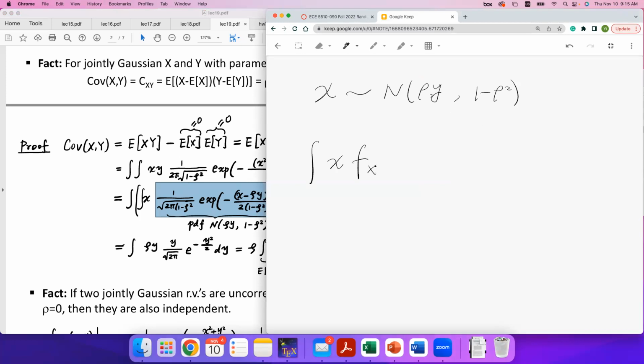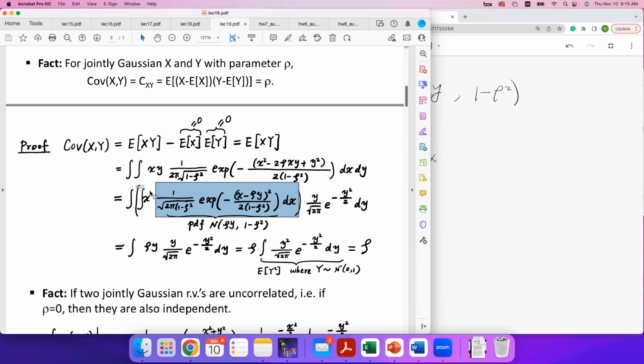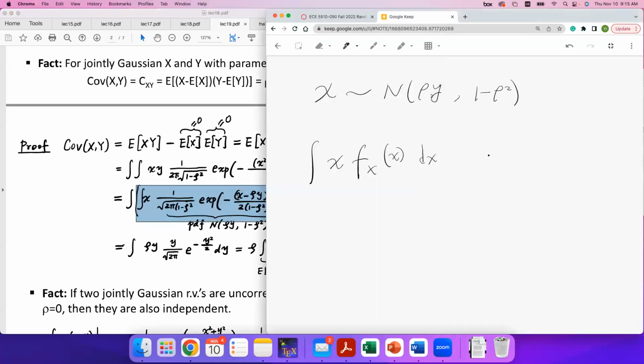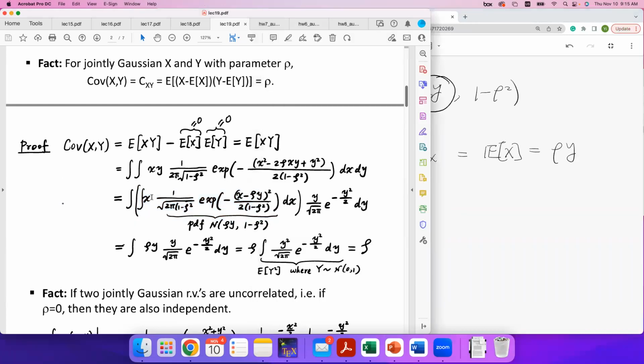So the integration of x times fx is the inner integration. This one is basically the mean of x. The mean is rho times y, so it equals rho times y. You don't have to calculate this integration.